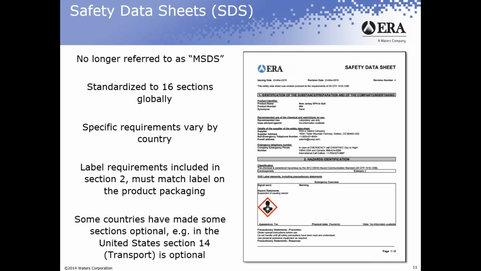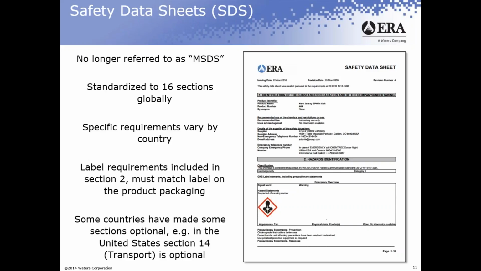Here comes some more specific country requirements. Certain countries require information in these different sections. Label requirements are in Section 2, must match to product labeling, and you'll see one here for, goes back to that New Jersey EPH and soil that we had looked at previously.